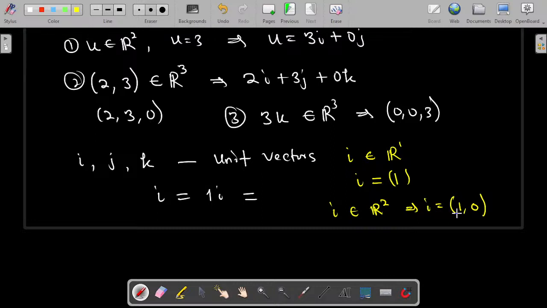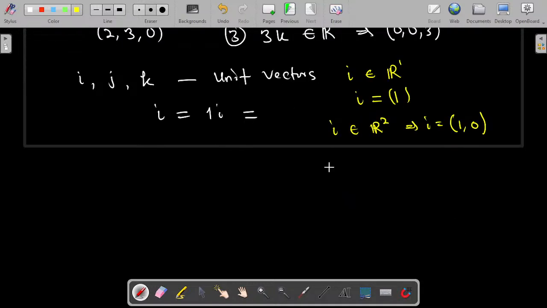Your j represents the second component. Look at another one. My i in R3 is then going to be 1, 0, 0, because there is no j and there is no k.